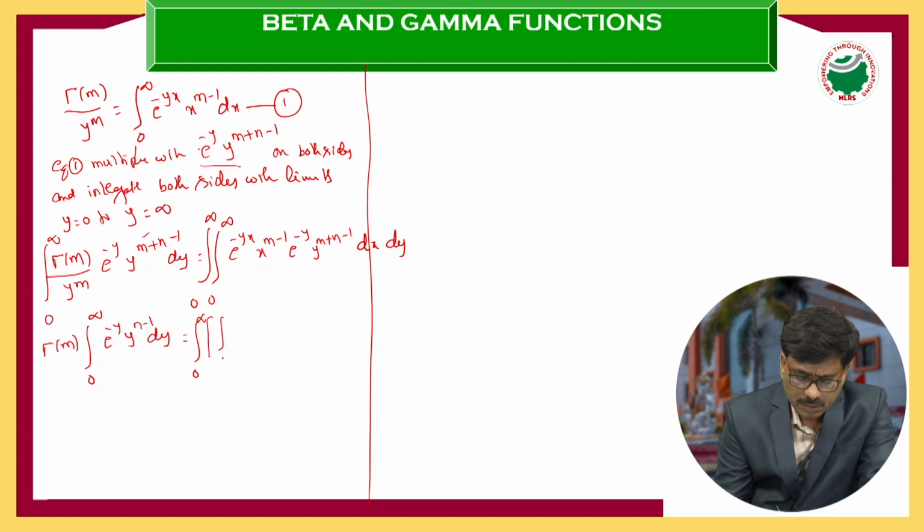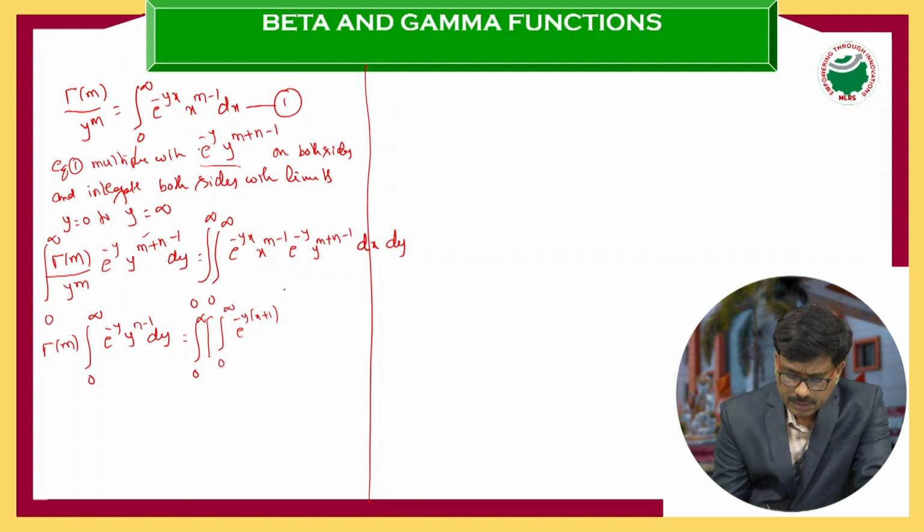Therefore, integral 0 to infinity e power minus y, common, x plus 1 into e power, x y power m plus n minus 1 into dy into x power m minus 1 into dx.